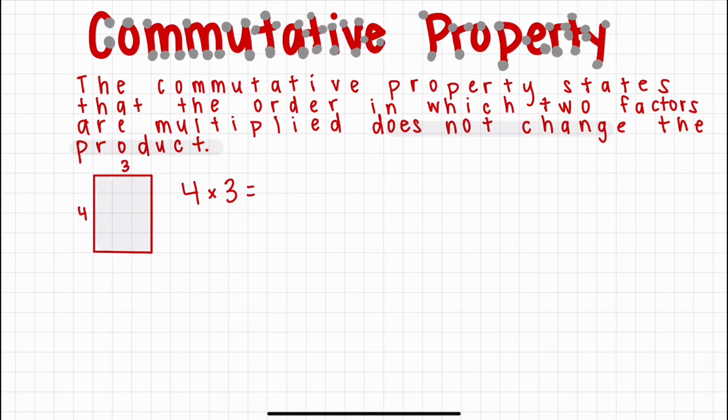So let's look at this example right here of 4 times 3. If you look at my area model, I have 4 rows of 3, and I know that that's equal to 12. Well, I can also rotate it into 3 rows of 4, and as you can tell, I'm still getting a product of 12.